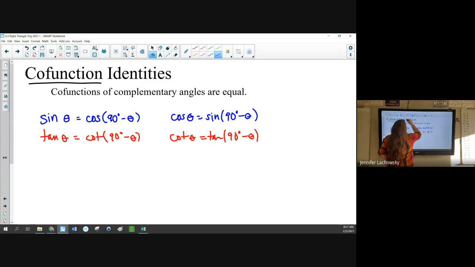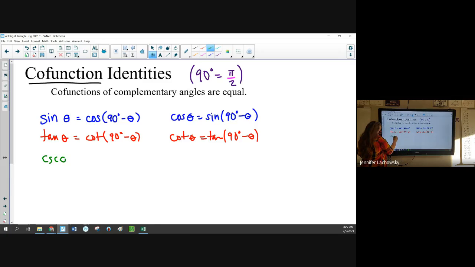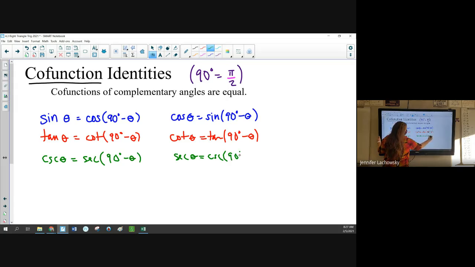So if you wouldn't mind, where you wrote cofunction, go ahead and write 90 degrees equals pi over 2, so that if you see a problem in radians, you just replace the 90 degrees with pi over 2, and there you go. One more. Cosecant is equal to secant of 90 minus theta, or secant of theta is equal to cosecant of 90 minus theta.